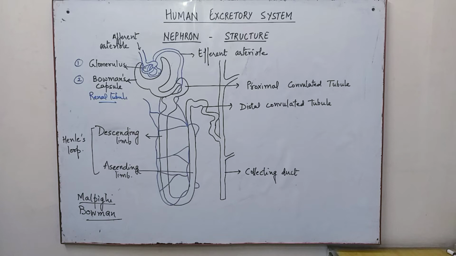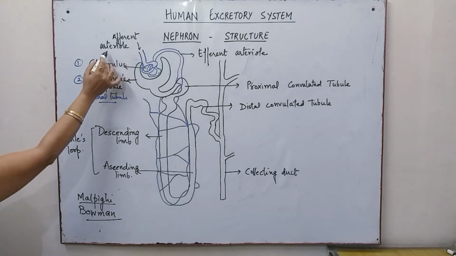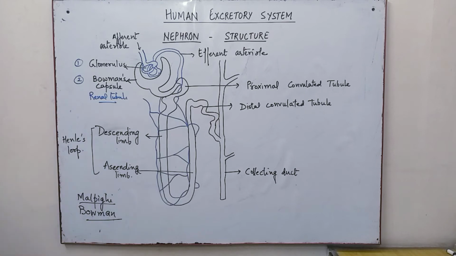Glomerulus is a network of capillaries, and these capillaries are formed by the afferent arteriole. As you can see over here, the afferent arteriole enters inside, and it is actually a branch of the renal artery. The renal artery carries oxygenated blood from the heart to the kidneys for the purpose of nutrition and cellular respiration.